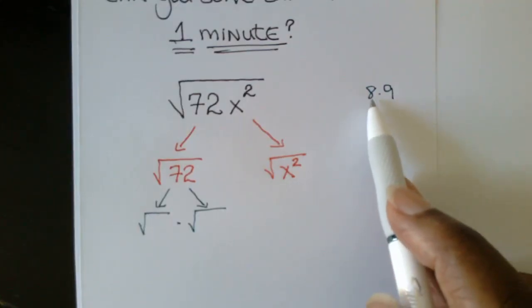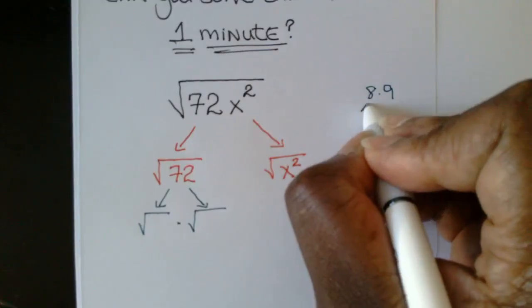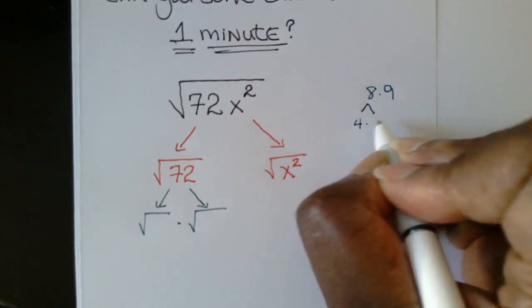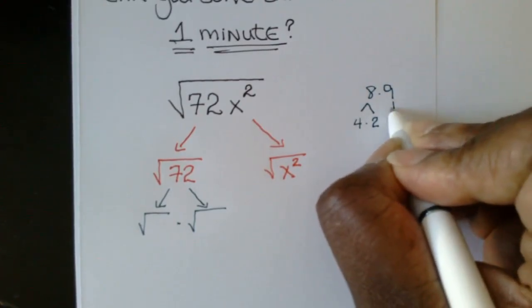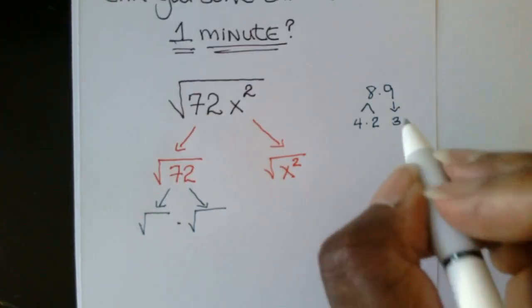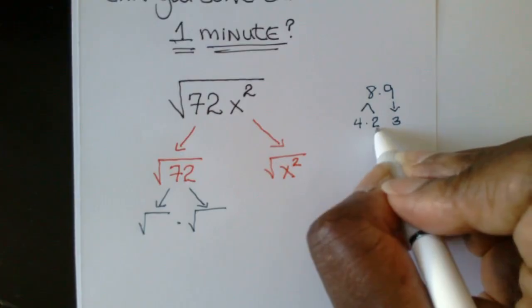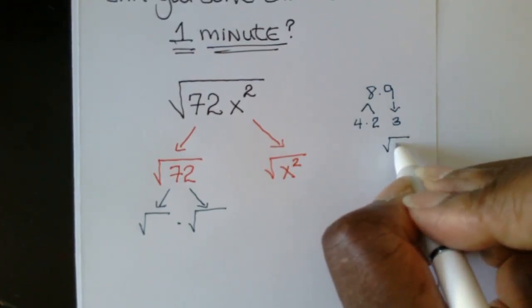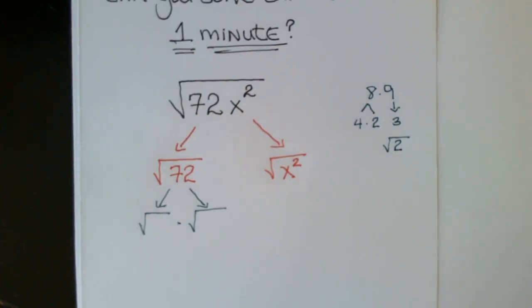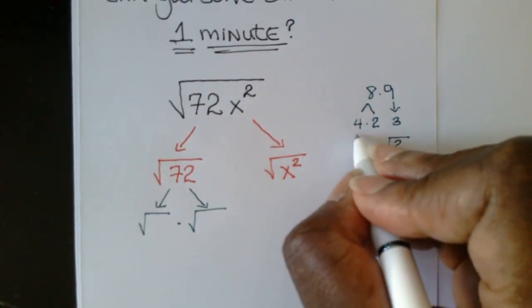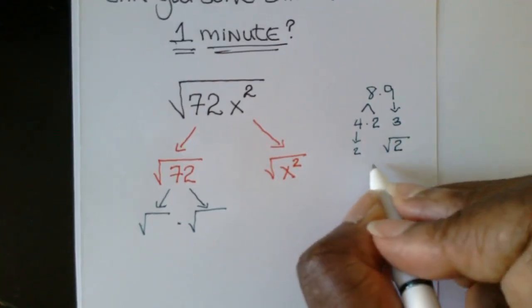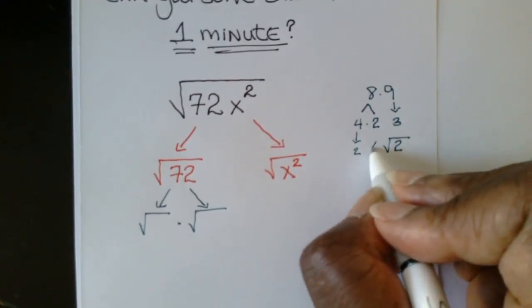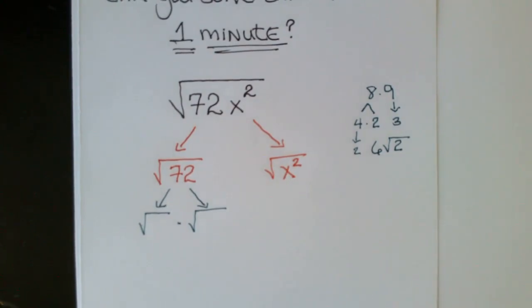But 8 is not a prime number, so you would have to break down the 8. That's how you get your 4 and your 2. And then you break down your 9, which gives you a 3. There's nothing wrong with this. The square root of 2 will remain under the square root, but you break down the 4 into 2, and then you'll have a whole number of 2 times the 3, which gives you a 6. You can do it that way.